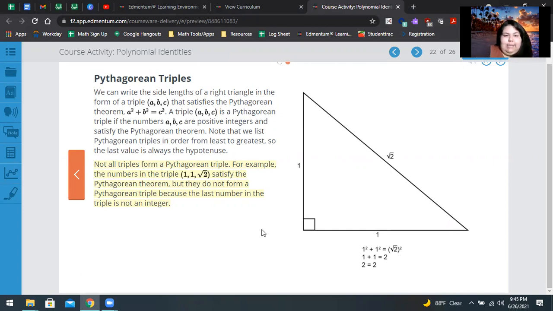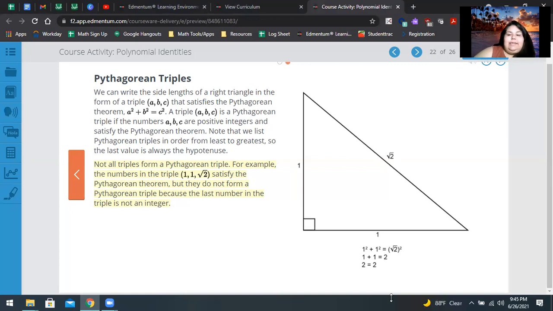This is actually a special triangle for us that we use in geometry. But here, this one does not form a Pythagorean triple because the last number, which is the square root of 2, our hypotenuse, is not an integer. That is a radical. We want whole numbers or integers, and they have to be positive. There's no negatives there.